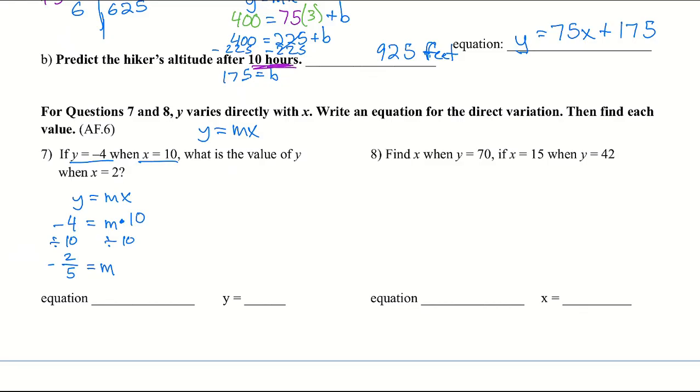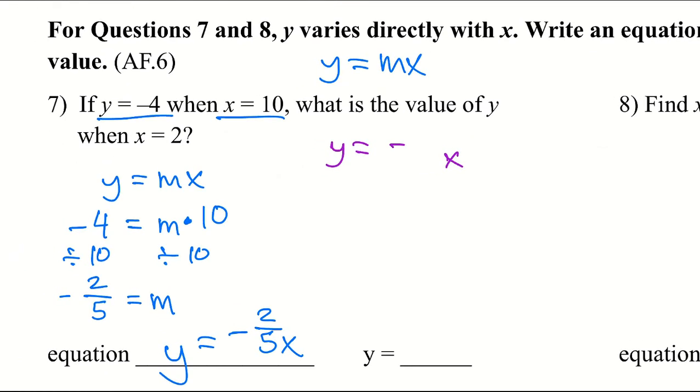For this equation, in direct variation form, it will be y equals -2/5 times x. So then I'm going to take that equation and substitute in when x equals 2.